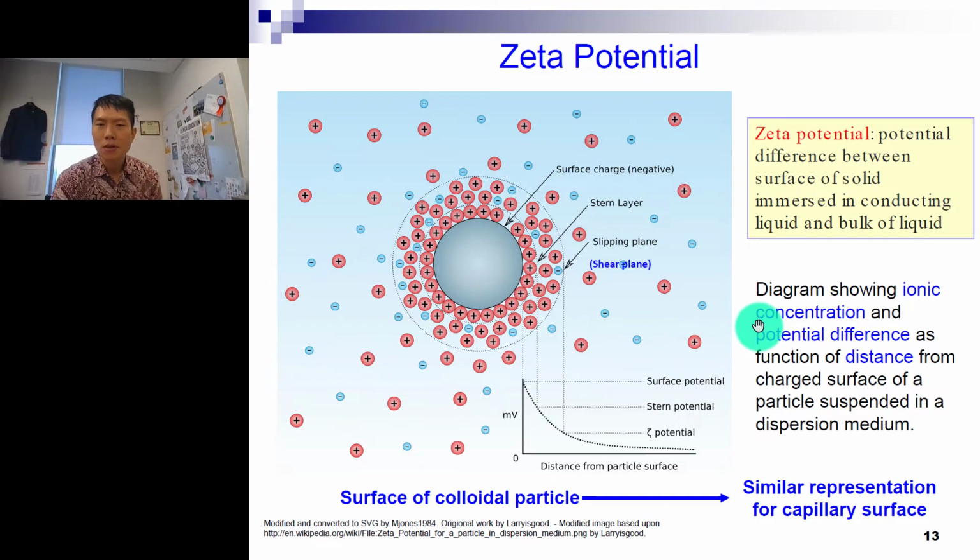So we show that this ionic concentration and this potential difference are a function of the distance from the center, on the surface. Of course, the center is relative to the perimeter of the surface of the charged ions in the medium. Later on, when we talk about silicon dioxide, it is in a similar manner.